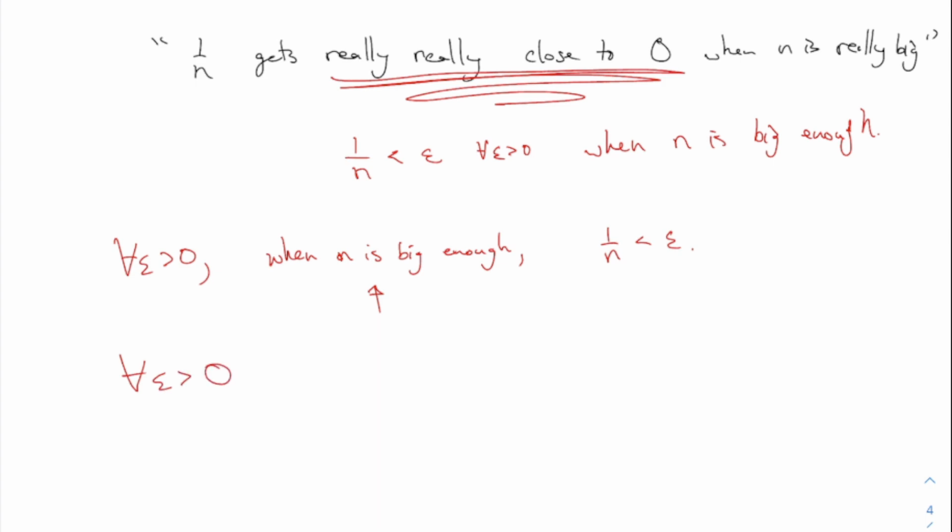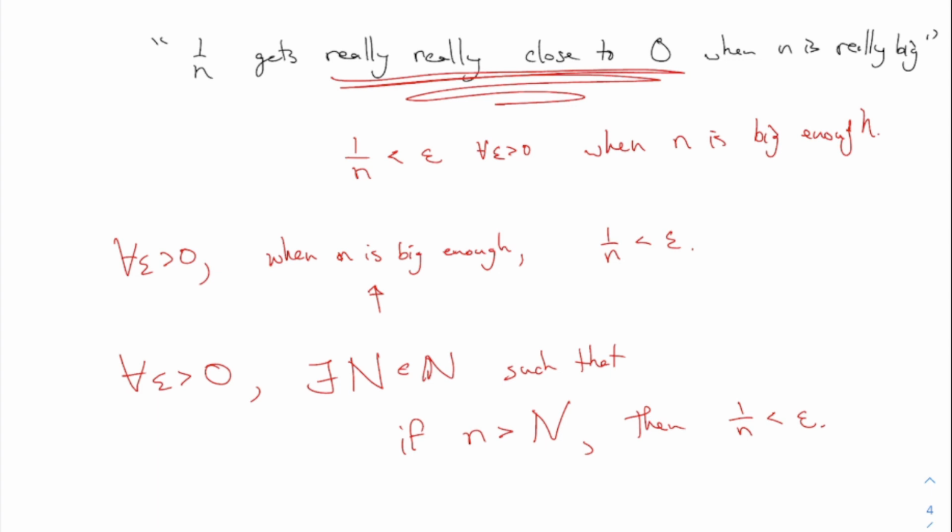For all epsilon greater than 0, there exists some, I'm going to call this a big N, a natural number. This you think of as some kind of threshold. No matter how small the epsilon is, there's some point eventually down the list somewhere where the sequence gets to be smaller than epsilon. So there exists some N in the natural numbers such that, this is a little technicality, if n is bigger than the big N, then 1 over n is less than epsilon.